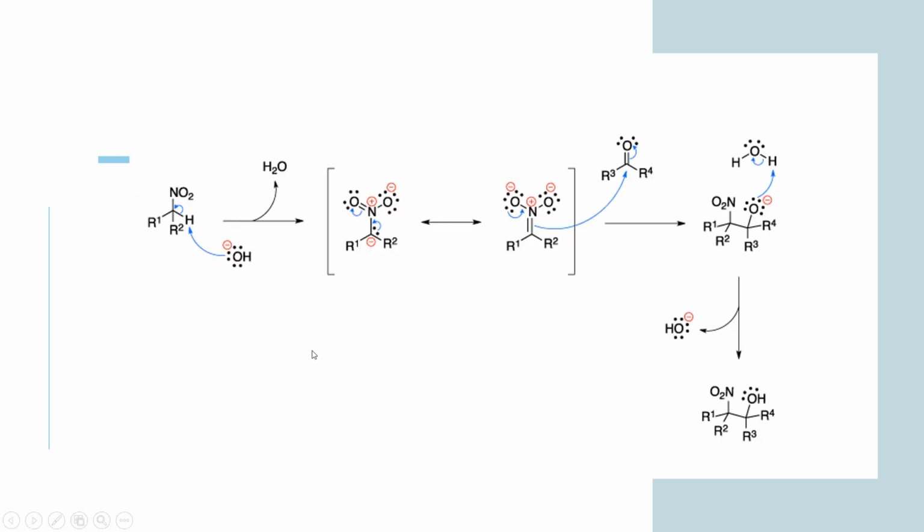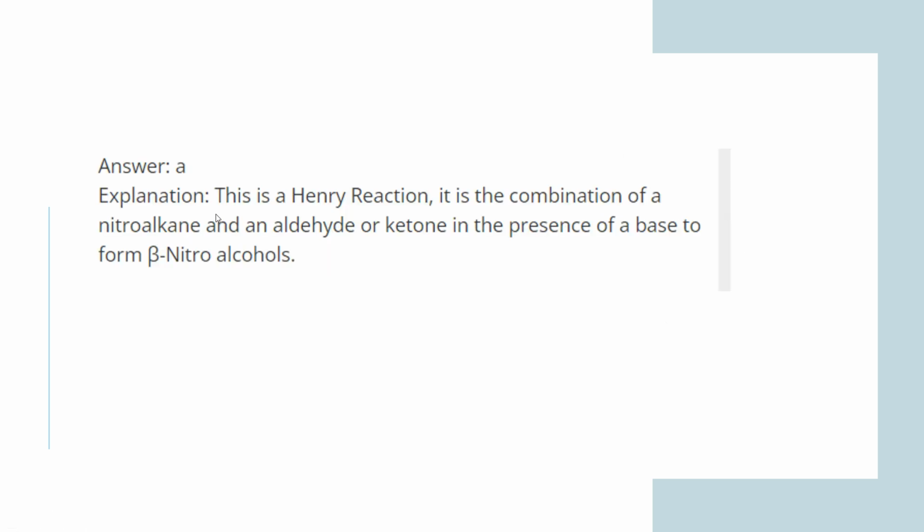It was again following a similar mechanism as aldol and Claisen condensation. Just because it contains a nitro group particularly, that is why this reaction is called the Henry reaction. The nitro group is making it distinctive, but the mechanism is exactly similar.